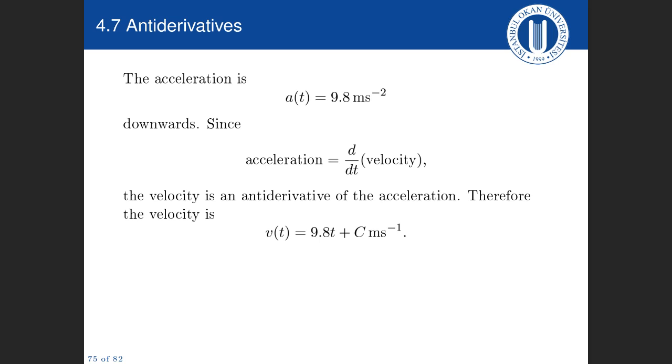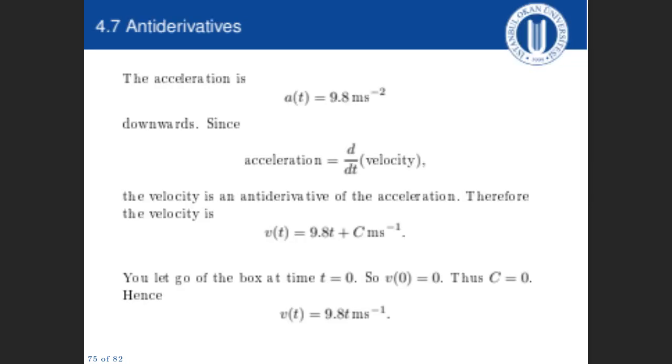We're told that the acceleration is 9.8 meters per second squared downwards. And because acceleration is the derivative of velocity, that means that velocity is an antiderivative of the acceleration. So the velocity must be 9.8 t plus c meters per second.